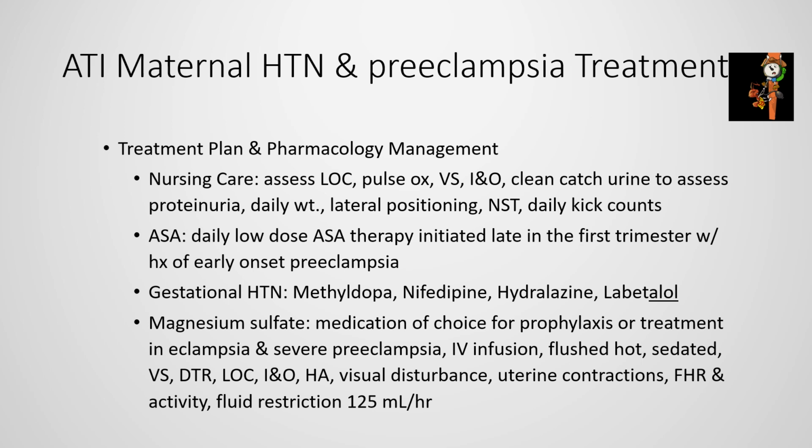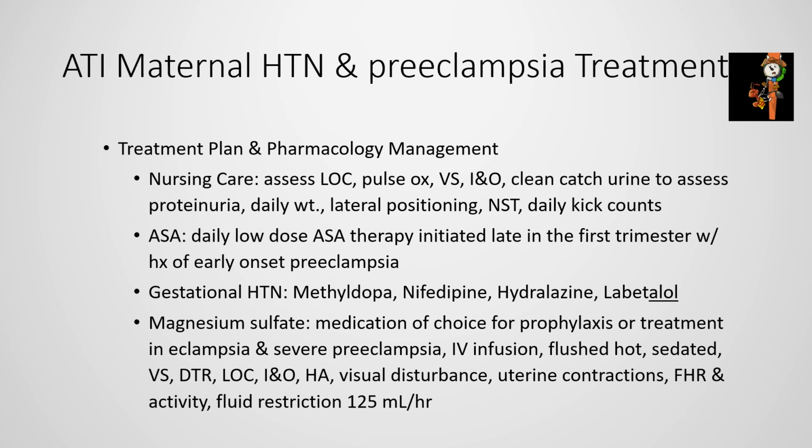So aspirin. I'm going to skip the first sentence first. So aspirin is given to patients that are pregnant that are at high risk of preeclampsia. So say for example they had preeclampsia in the past, or we notice that they're developing hypertension and some proteinuria in the first trimester.